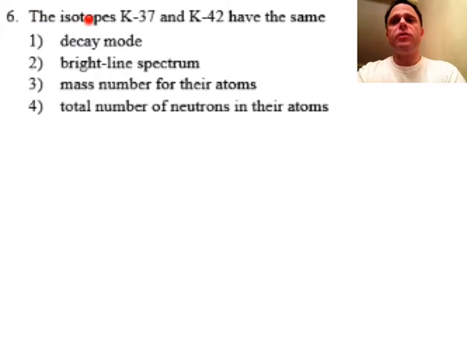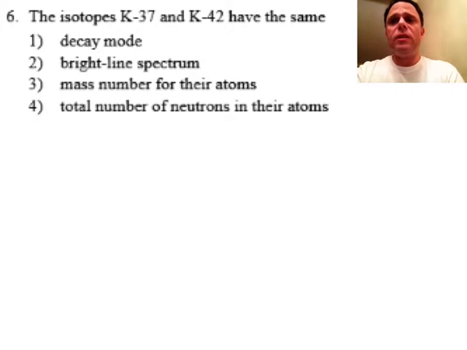Okay. The isotopes K37 and K42 have the same, now they're both potassium, they both have the same number of protons, but when we're talking about these bright line spectrums, when we're talking about the electron configurations, we are talking about the electrons. So at this very moment we have to ignore the concept of protons, we even have to ignore the neutrons.